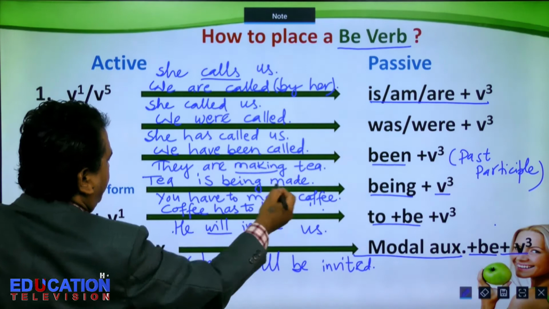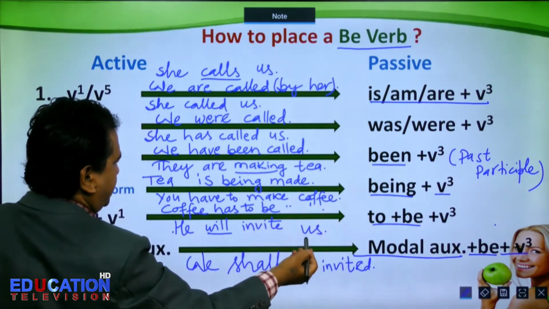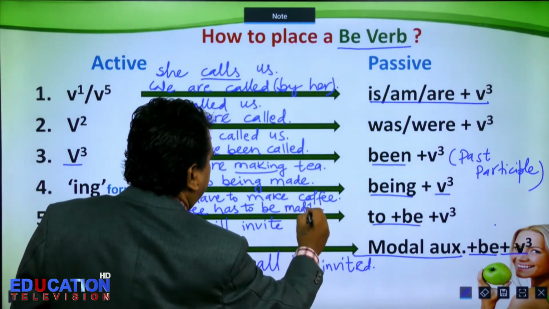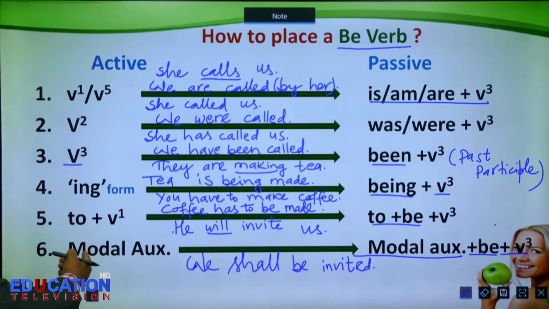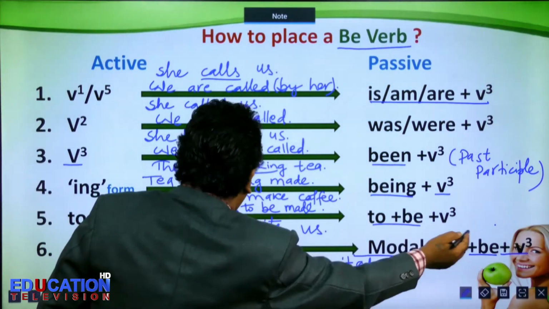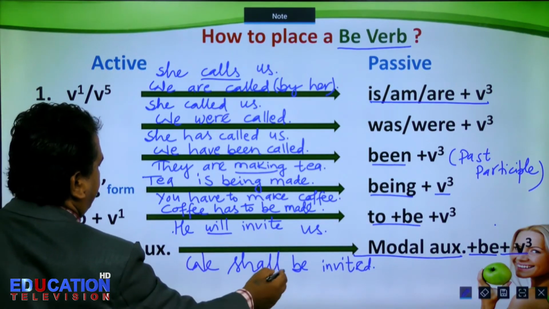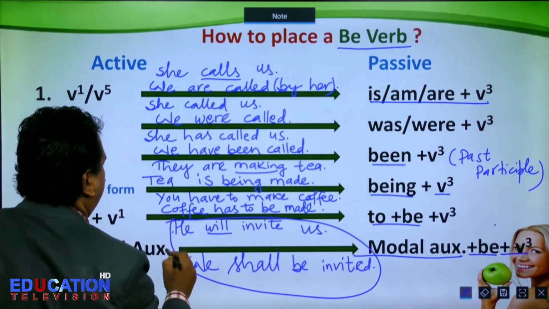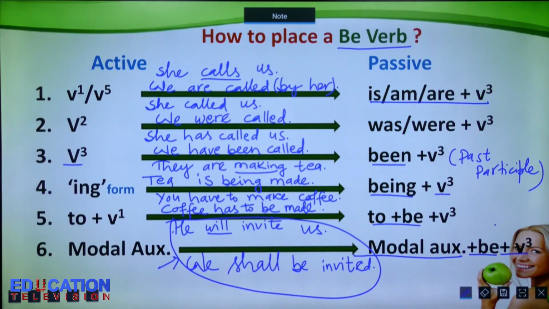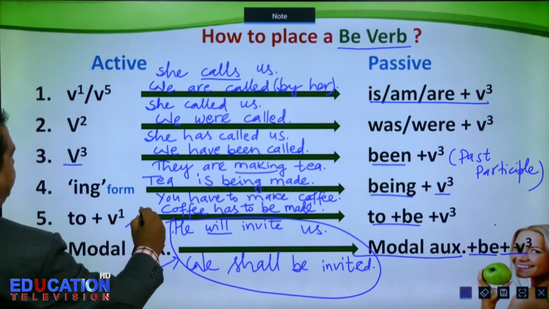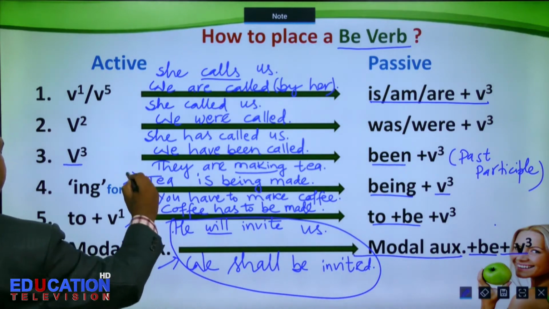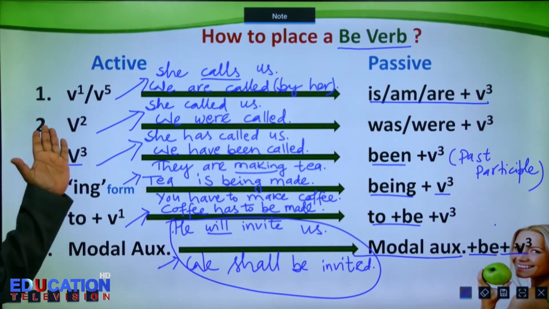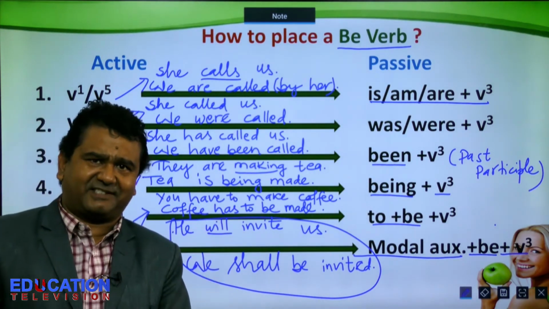You have to make coffee. Coffee has to be made. You know, modal auxiliaries plus be plus V3. He will invite us. We shall be invited. So, these are the examples.